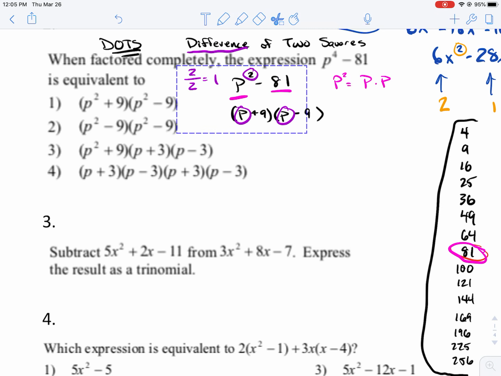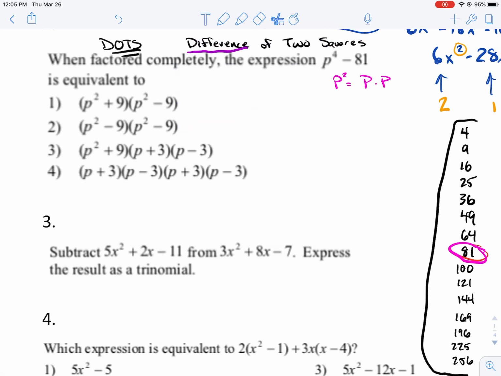All right, going back to our original problem, okay, we have p to the 4th. All right, so think about this. P to the 4th is just actually p squared times p squared, right? Don't forget our exponent rules. When you're multiplying something that has the same base, you add the exponents, and 2 plus 2 is 4.